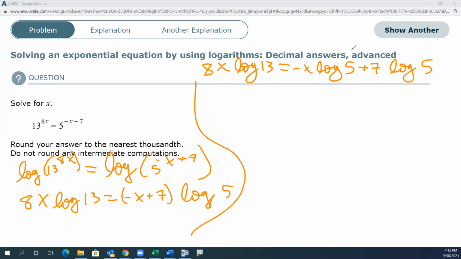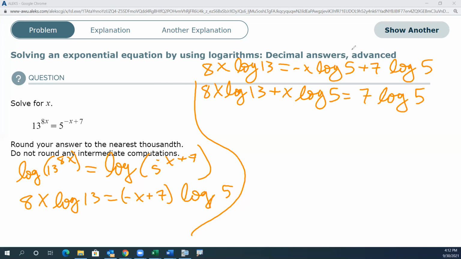Okay. Now, we're not going to be able to solve for x as long as there's more than one x in the problem. So I'm going to send that to the left side. I'm going to add that to both sides so that we get 8x log 13 plus x log 5 equals 7 log 5. Okay.